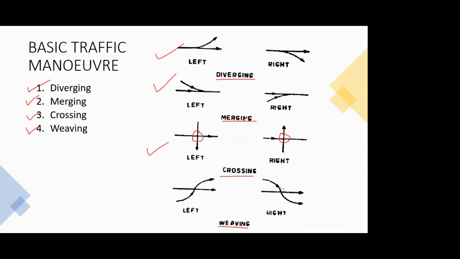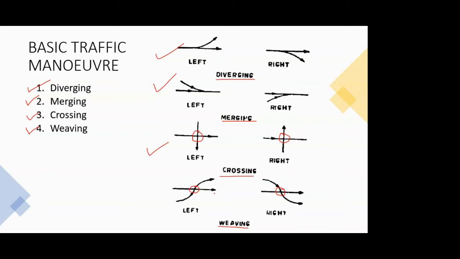In weaving maneuver, it is sort of a crossing maneuver, because you can see the paths are again crossing over here. But in this case, instead of one vehicle stopping and the other moving, or one vehicle slowing down and the other going fast, the width of the road is controlled in such a way, and the radius is controlled in such a way, that both vehicles reduce their speed a bit.